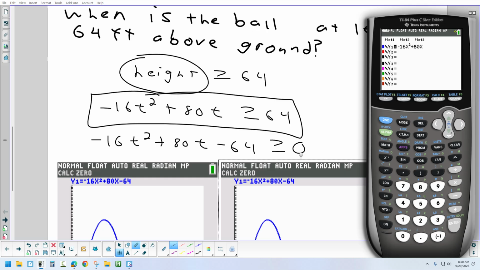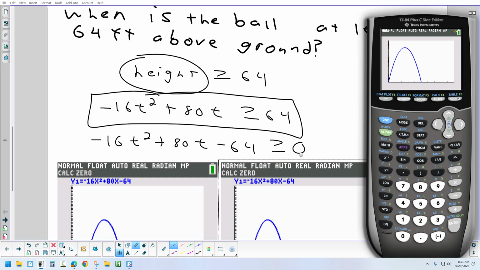If I had put the 64 on one side, and the negative 16t squared plus 80t on the other side, now you'd have something more like this. I got to adjust my window, though. Let's put the window back up to, I think I had it at 100. Let's do like 120. Okay, so now there's your object.